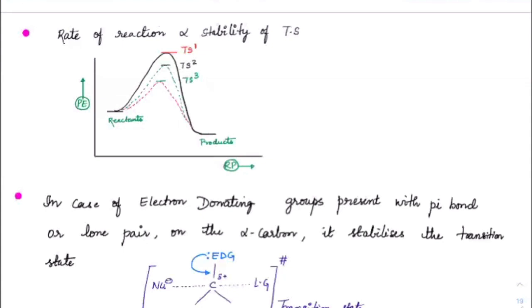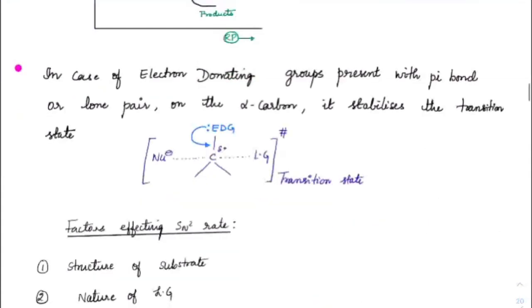They will always look out for the more stable transition state. So if you observe here, in case of an electron donating group with a pi bond or a lone pair on the alpha carbon, the carbon on which the leaving group is going and the nucleophile is attacking, that will increase the transition state stability.